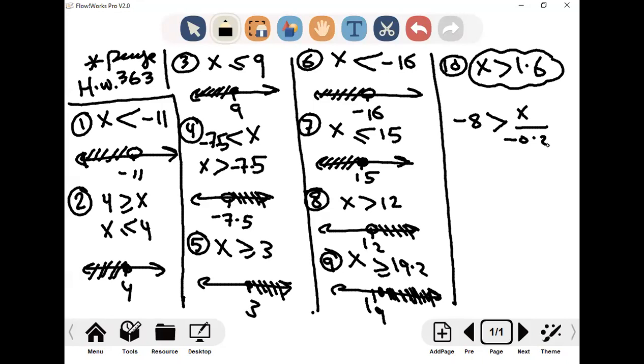And the third one, negative 10x is less than negative 16. These are the two selections, the second and the third one, okay? This is your homework. Check your answers, please.